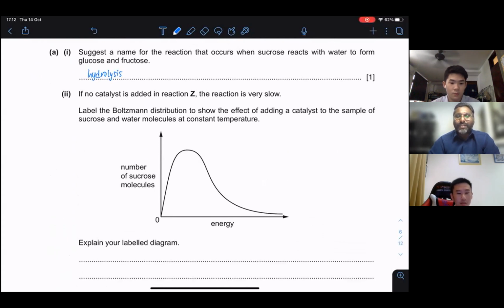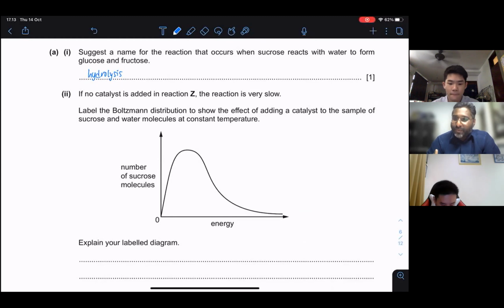Label the Boltzmann distribution to show the effect of adding catalyst to the sample of sucrose and water molecules at constant temperature. Now, at constant temperature, do you think the shape of the graph is going to change? No. Always remember, the shape of the graph is going to change whenever you're talking about temperature.